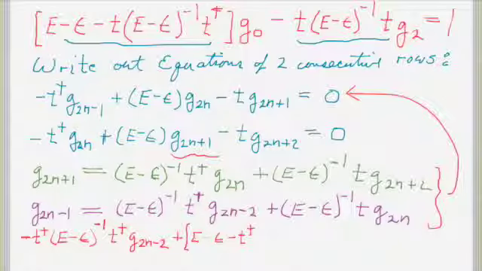So T dagger, E minus epsilon inverse T, minus T, E minus epsilon inverse T dagger, all acting on G2n.